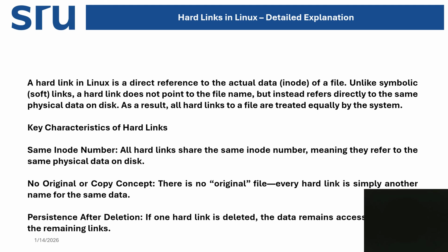Suppose the original file is deleted, it will not affect the remaining hard links, because hard links know very well where the data is available. So in such a scenario, we cannot find a dangling link, a dangling pointer, because no hard link depends on another. Directly it points to the original data. That is nothing but persistence after deletion.